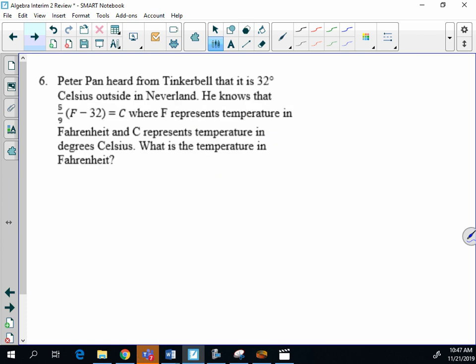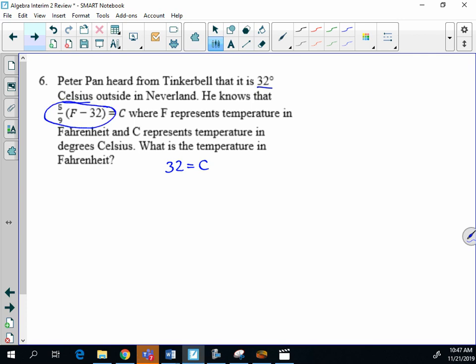Let's move on to 6. This time we have a special formula, and we have information in here, 32 degrees Celsius. So I'm going to write down 32 equals C. My formula that they're giving me is very key.